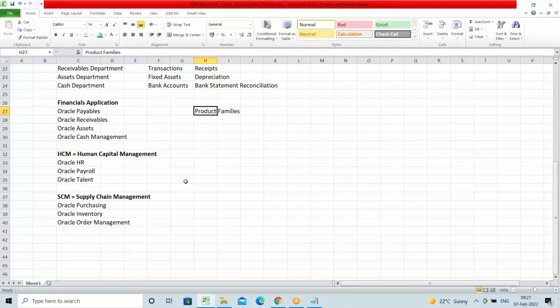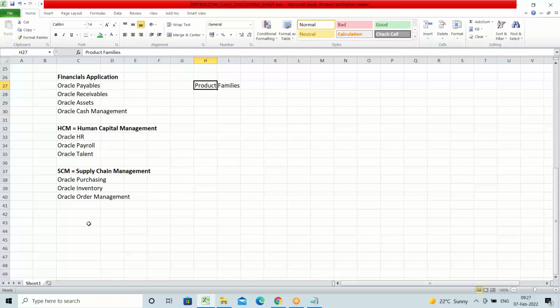So this is how we have many other product families. We have the procurement product family. We have PPM, project portfolio management product family. There are many other product families.